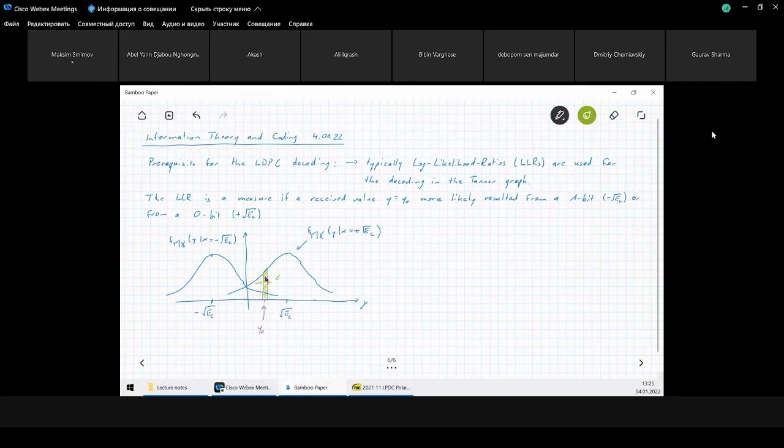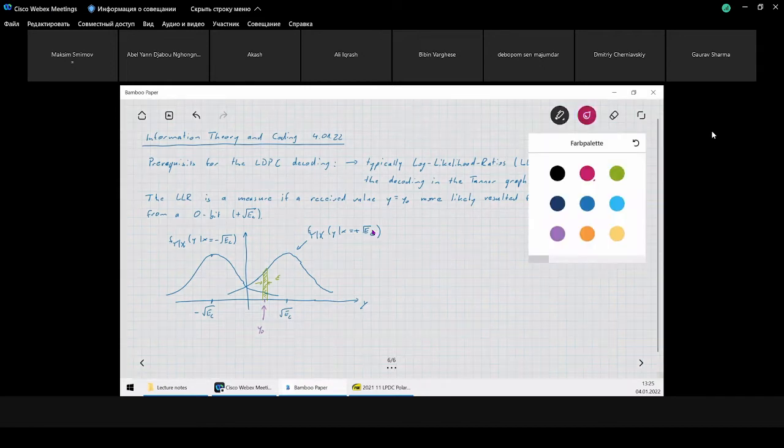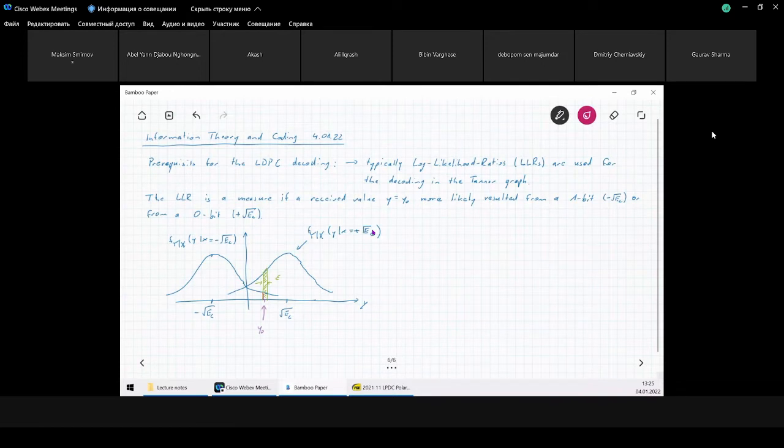So this would describe the probability to observe a value within this interval epsilon around the value y0 if a plus square root EC was transmitted. And we can do the same basically for the case where minus square root EC was transmitted. And you see, of course, this is the smaller probability. So if we observe a value y0, it's more likely that a plus square root EC was transmitted than a minus square root EC. And we are interested in the ratio of these two probabilities. This is what we want to determine.